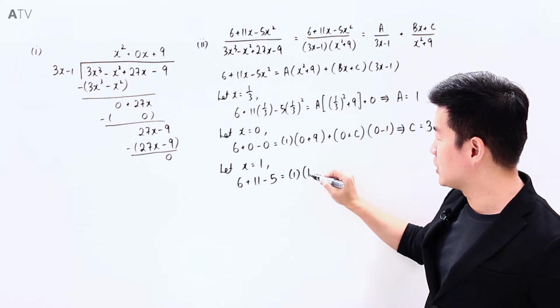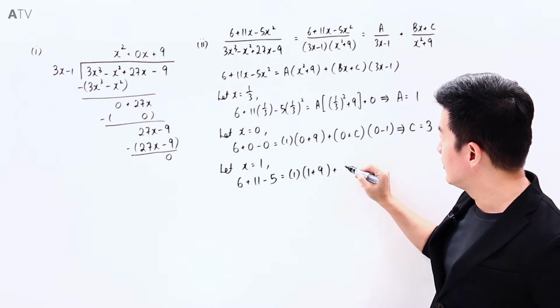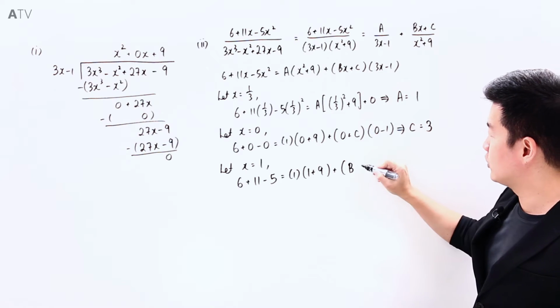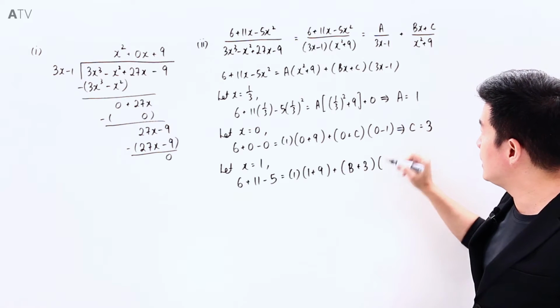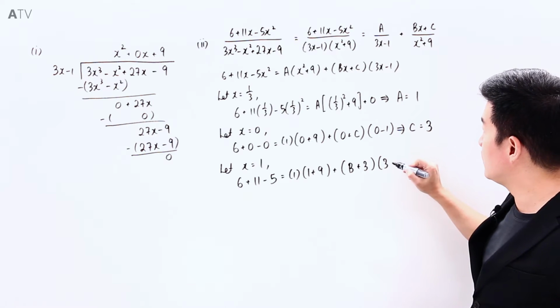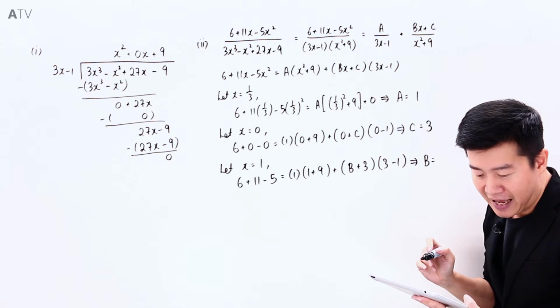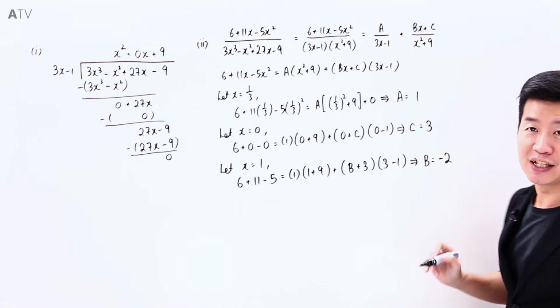Then 1 squared, which is 1, plus 9, plus B times 1, which is still going to be B. C is equal to 3, so plus 3, and 3 times 1 is 3 minus 1. This helps me to find the value for B, and that will be minus 2.